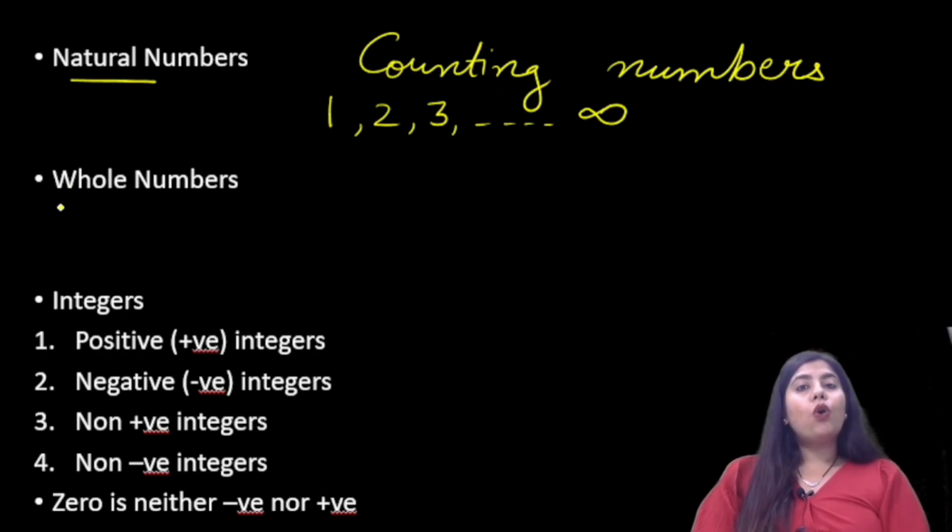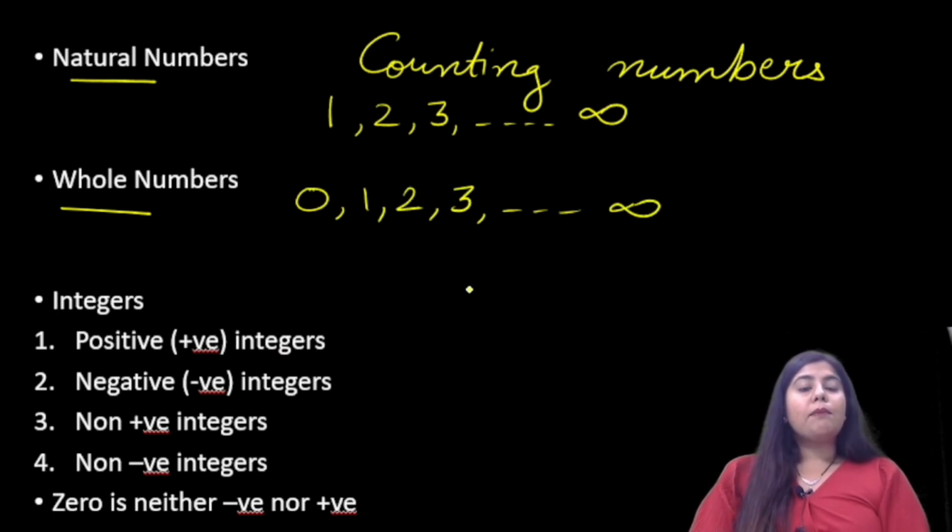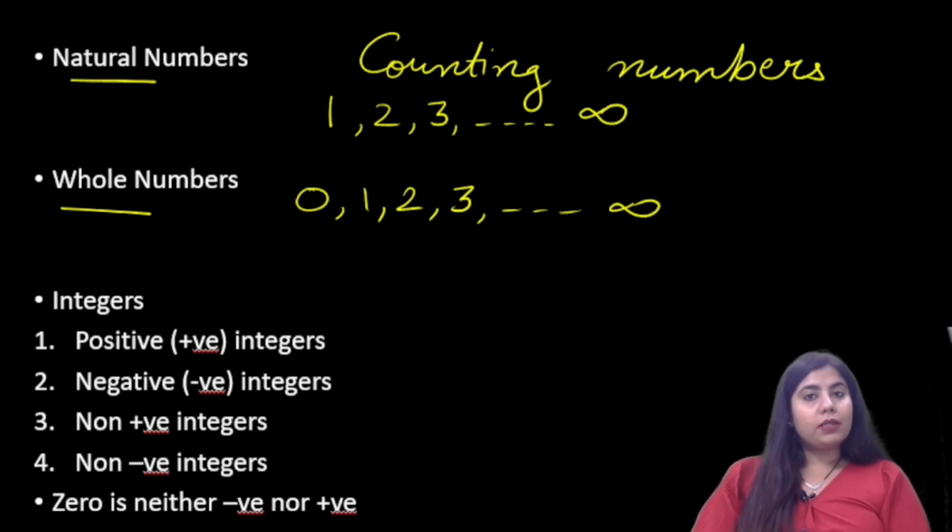Next is whole numbers. Whole numbers are 0, 1, 2, 3 up to infinity. It means the natural numbers including 0 are the whole numbers. Whenever we add 0 to the natural numbers, they become whole numbers.